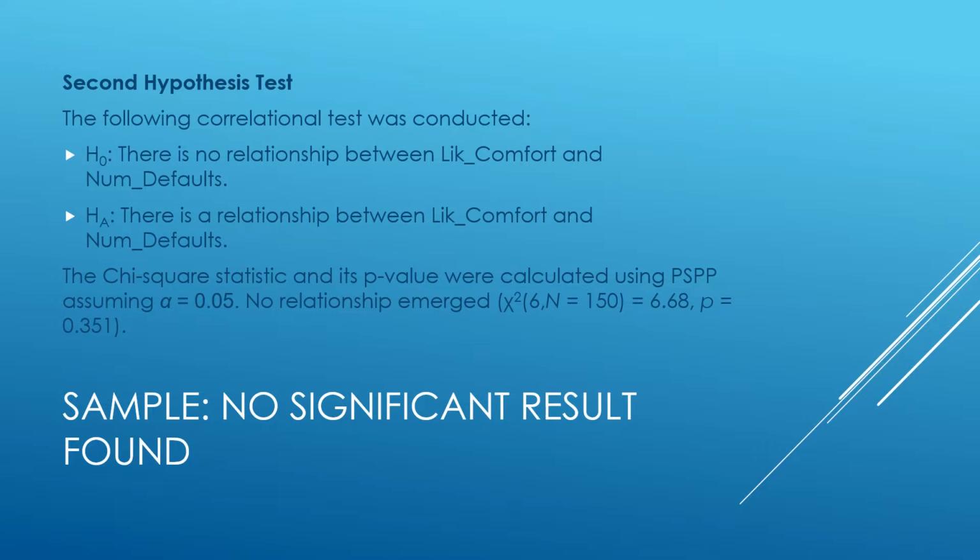The chi-square statistic and its p-value were calculated using PSPP, assuming alpha equals 0.05, and no relationship emerged, with degrees of freedom of 6 out of 150. We saw a chi-square value of 6.68 with a p-value of 0.351, so no significant result was found in this test.